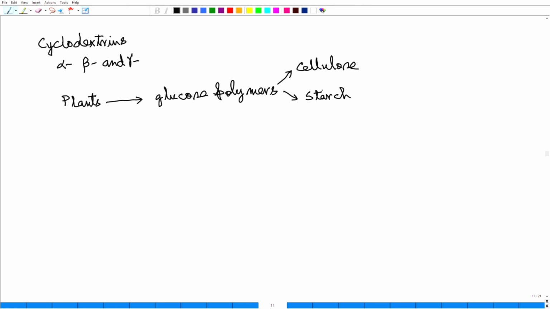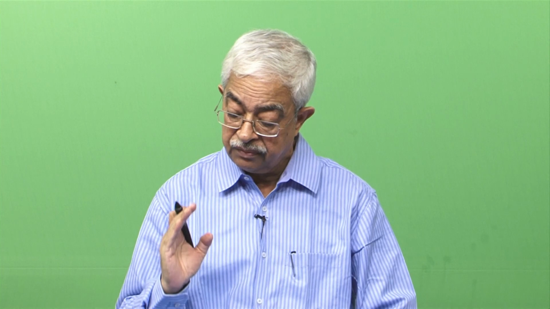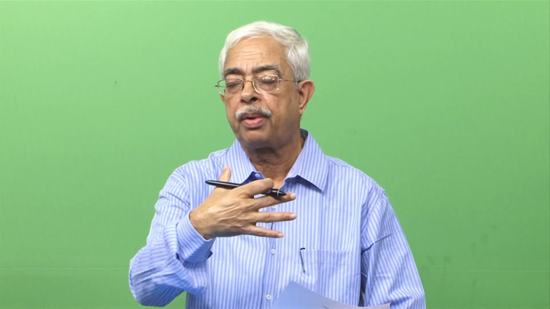Now, cellulose is an insoluble material that is used as a resistant, structure-forming component in the cell, like in a tree, where the outer part is made of cellulose.